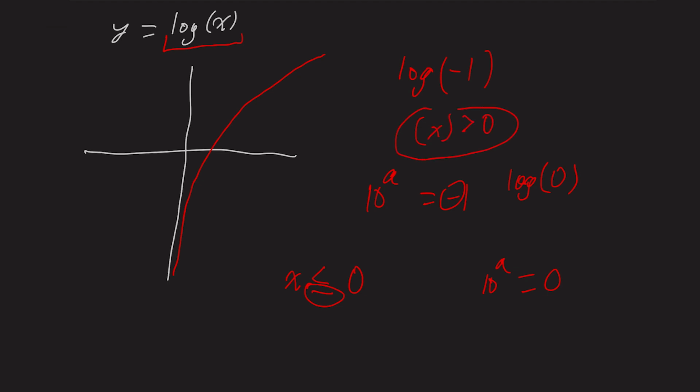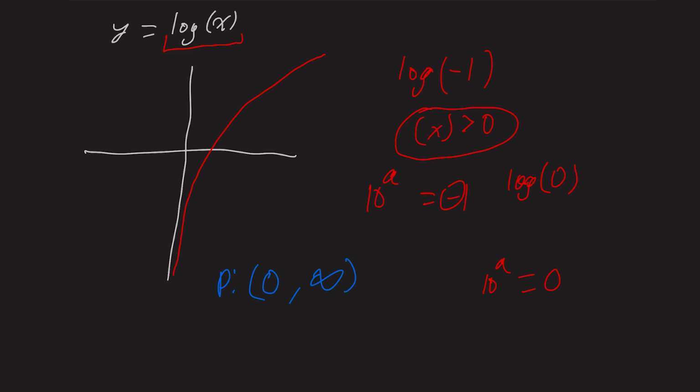Those are all the numbers that we are able to put in for x. If it's not greater than 0, we're going to have a problem. So in this case, we are looking at the domain 0 exclusive all the way up until infinity. Means our domain is 0 to infinity, but not including 0. We can't plug in 0.